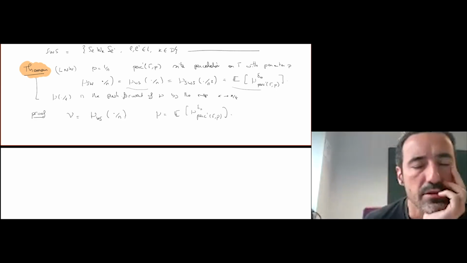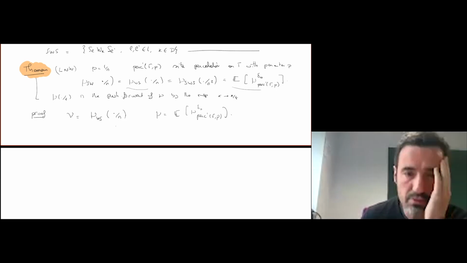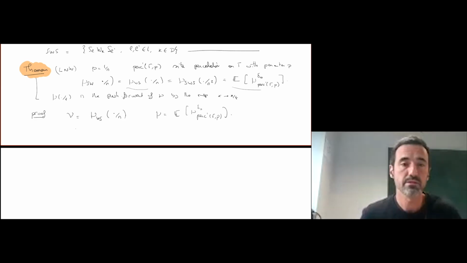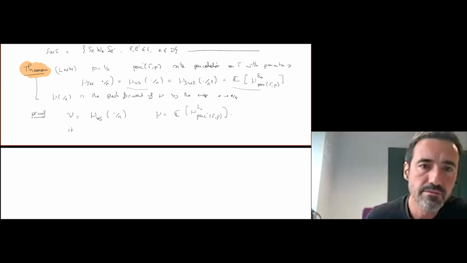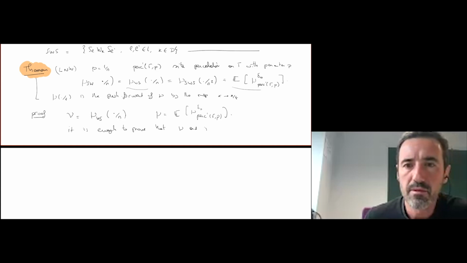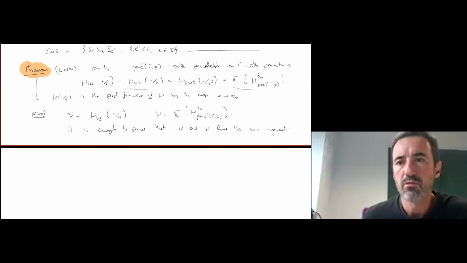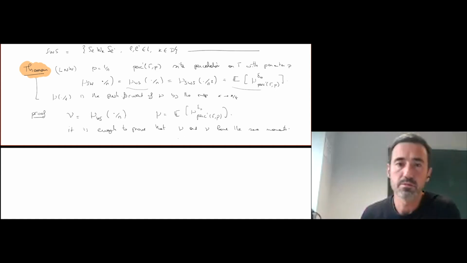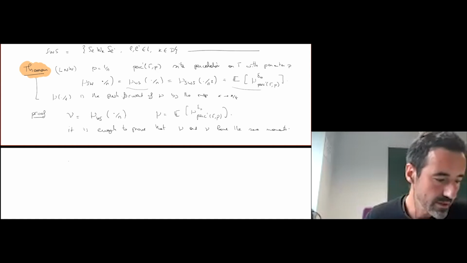The strategy is to prove that the two measures have the same moments. It is enough to prove that the two measures have the same moments, because they are characterized by their moments, since they have bounded support. We have already seen that.